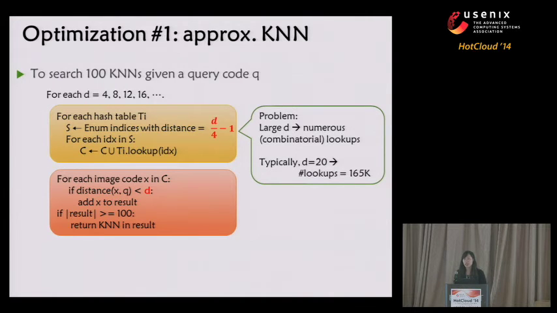Typically, in an image collection with 1 billion images, the average search distance D is equal to 20, which will result in 165,000 lookups in the DHT. Since the lookups are DHT lookups, it is very expensive.